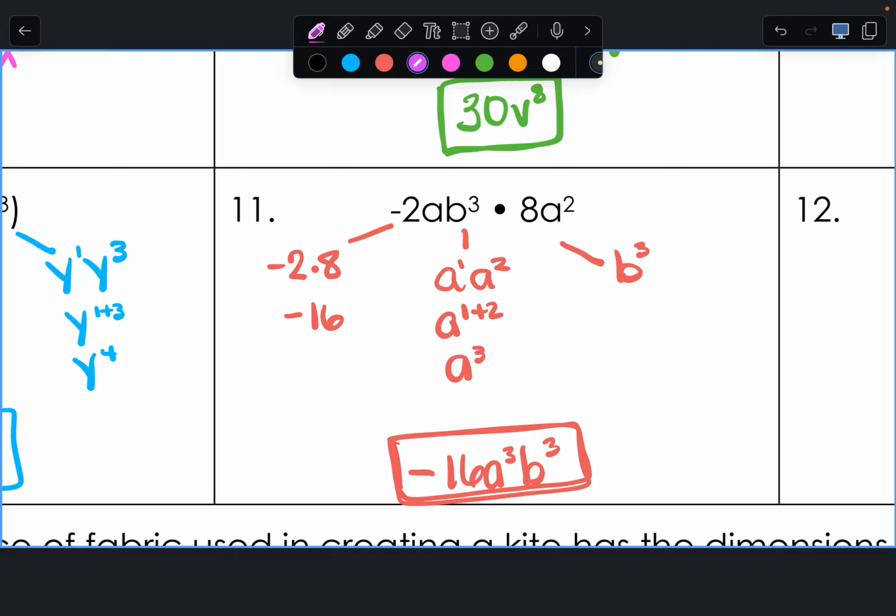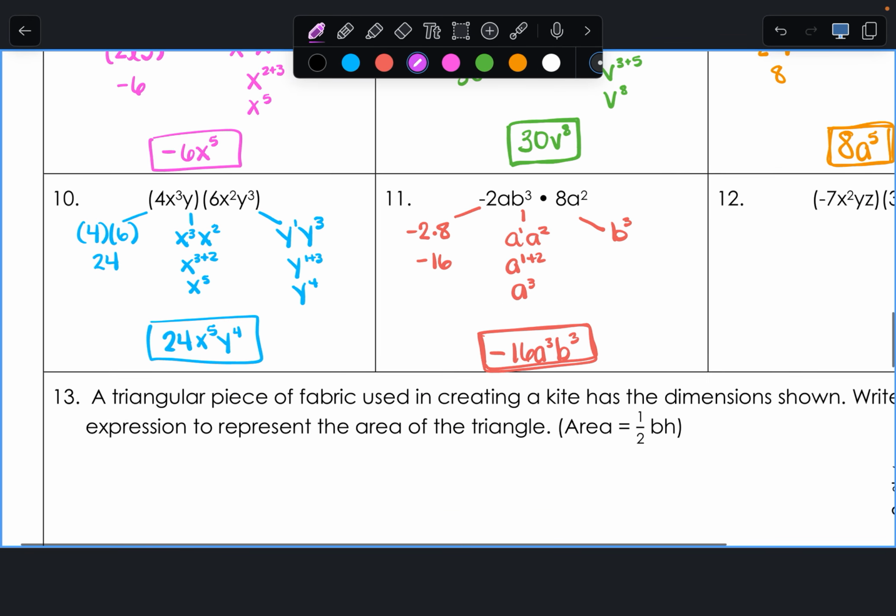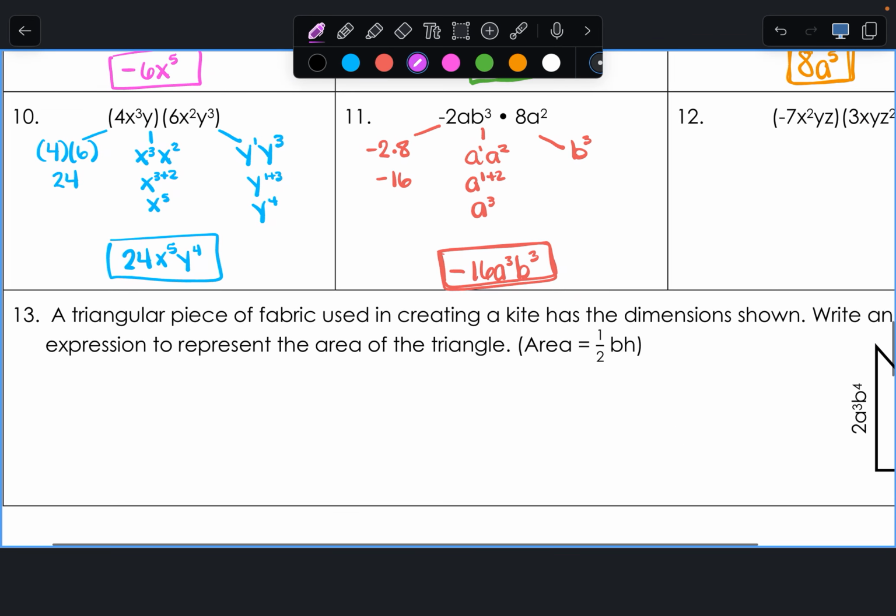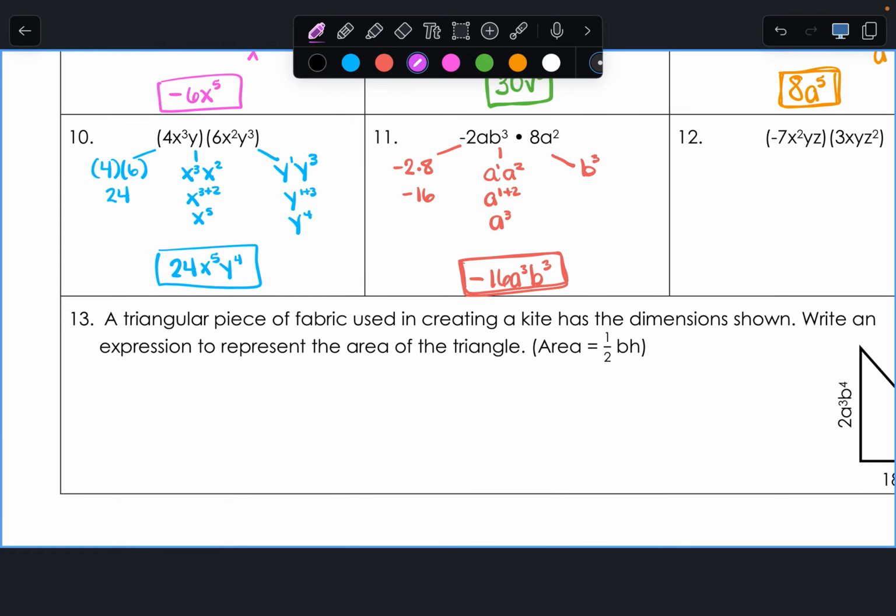Okay? Now, let's go back to number 1, just because it's going to come up on the assignment and my 7th period is relying on a video. There's going to be one question, and this is how it's worded on the STAR test. It's going to say there's an expression that's equivalent. Equivalent means what?